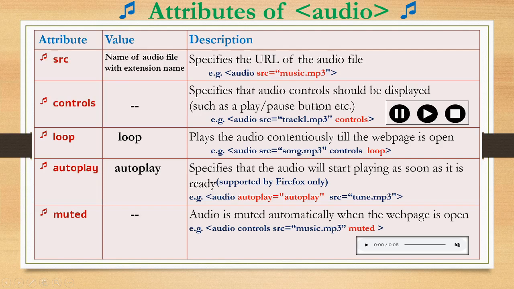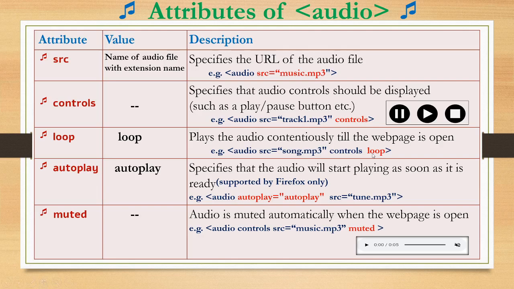And controls is an attribute without any value. So it is called a key attribute, where there is no value. The word controls only represents the attribute as well as the value. Then third is loop, that is to play the file continuously till the web page is open.